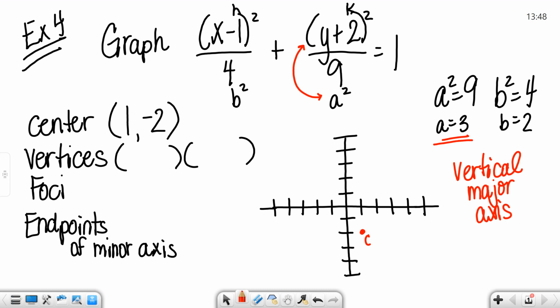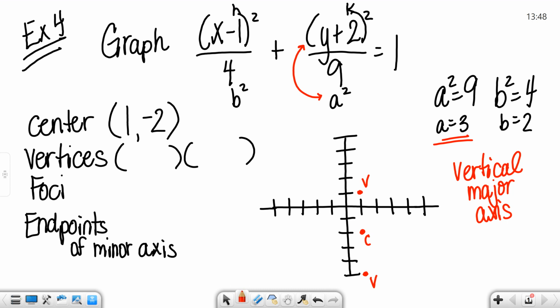So if A is 3, then my first vertex is 3 spaces up and 3 spaces down for the second one from the center. So 1, 2, 3 spaces up would be my first vertex. 3 spaces down would be my next vertex.